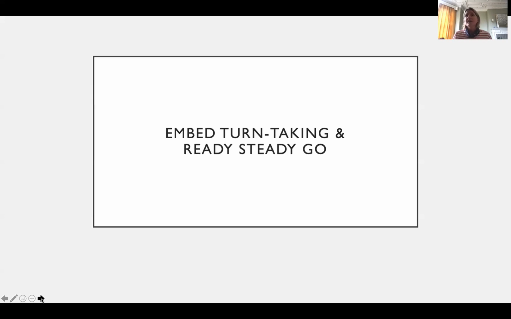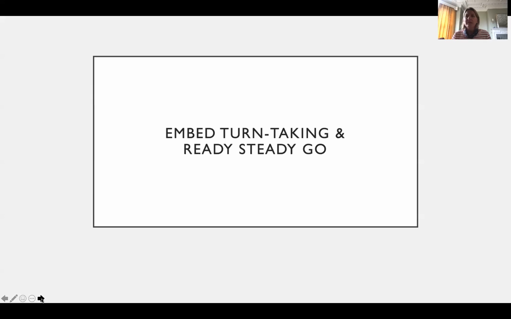To use it more generally with children to build listening and attention, ideally you get to the point where you don't have to put your hand on their leg or put the hand over the end of the drain pipe, and then you're saying things like ready, steady, go, and then gradually increasing the length of that gap. So ready, steady, go, and then ready, steady. You can't leave it too long, but what you're looking at is gradually stretching that ability to wait and to listen.